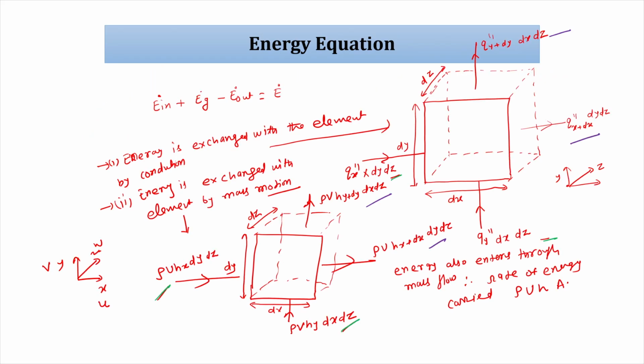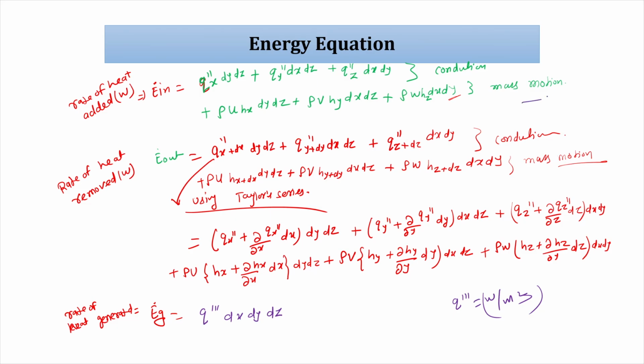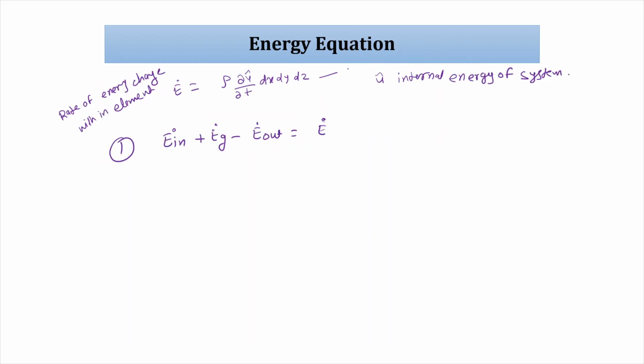So we have equation 1, equation 2, equation 3, equation 4 and equation 5. Okay. So we can write all these terms.